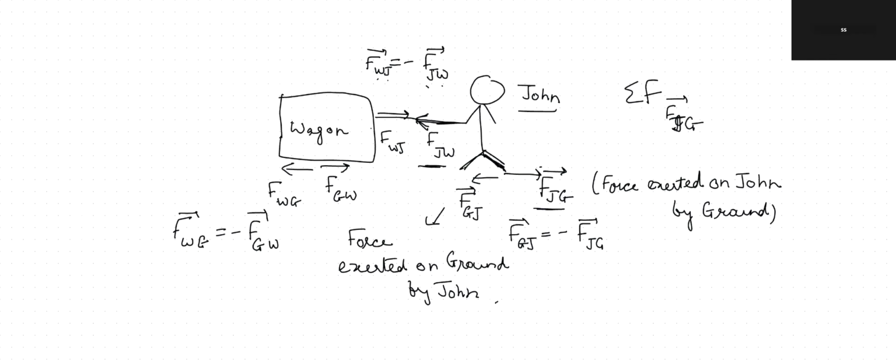So if the force JG exerted on John by the ground is more than the force exerted on John by the wagon, then it will move forward.